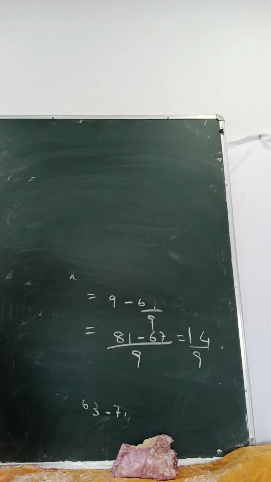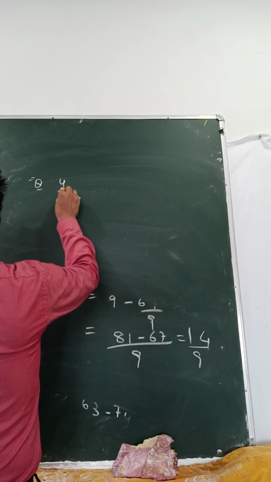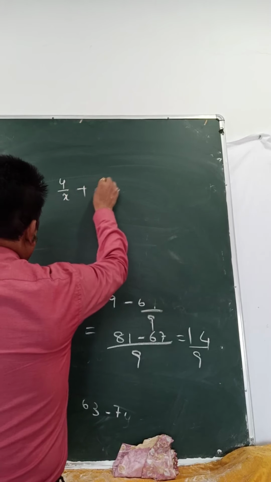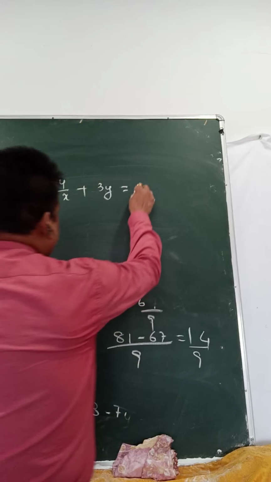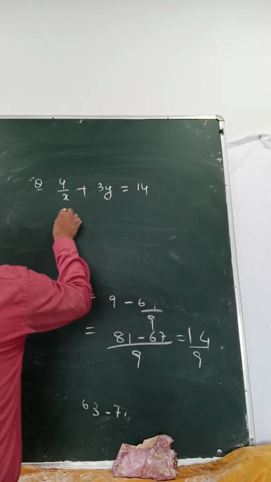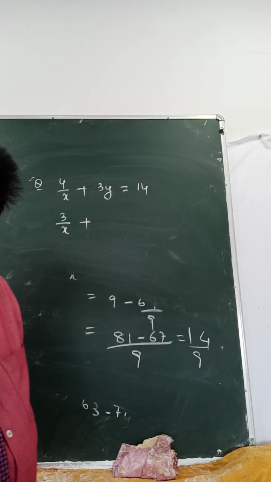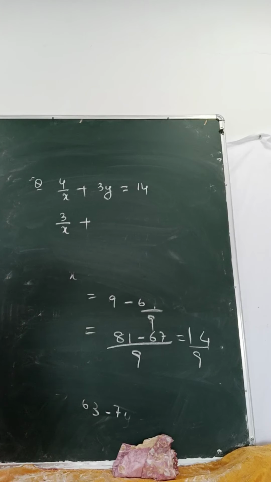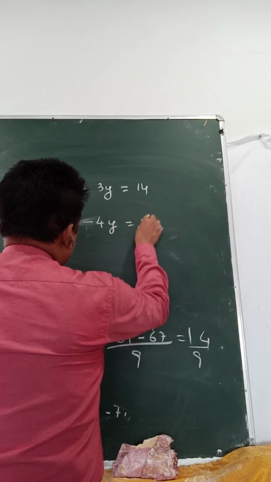Here is 4 by x plus 3y equals 14. 3 by x minus 4y equals 23.